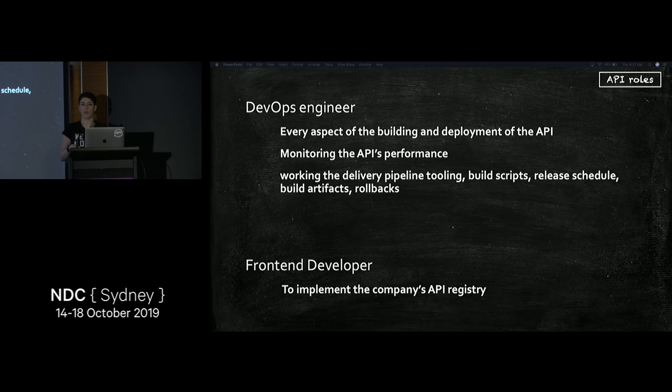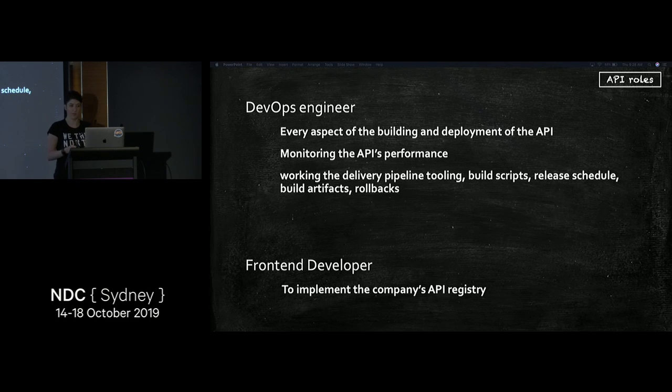And the last one is front-end developer. You might say, oh, what's the role of a front-end developer? The front-end developer is there for the API, like we said about developer experience, right? In so many companies, there is an API registry. You go there and you see, okay, what's going on? So for sure, you want to come up with a nice thing, which is easy for users to use, right?